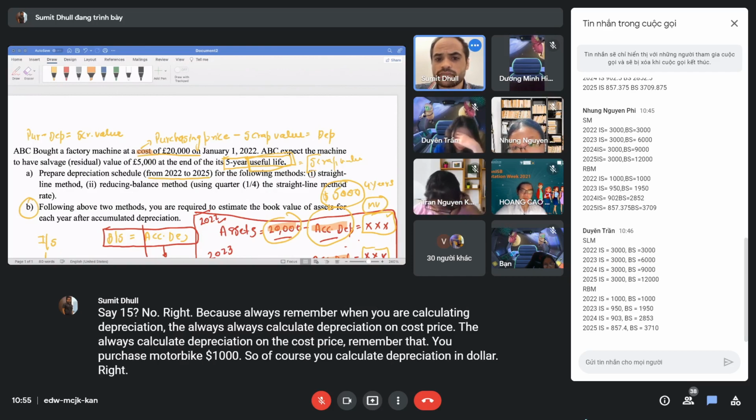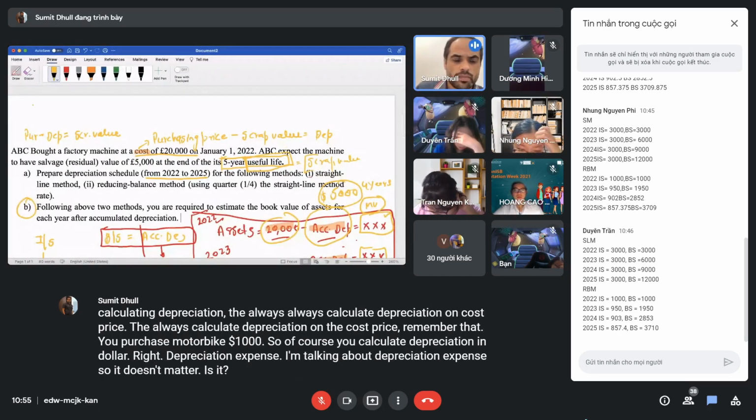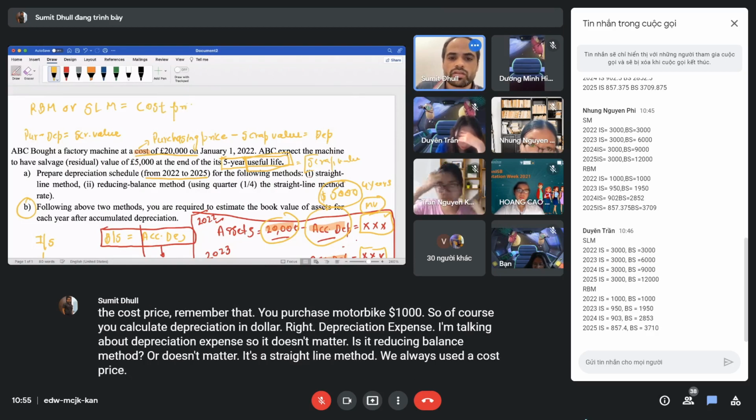I'm talking about depreciation expense. It doesn't matter whether it is the reducing balance method or the straight line method, we always use the cost price, the money you paid to purchase.